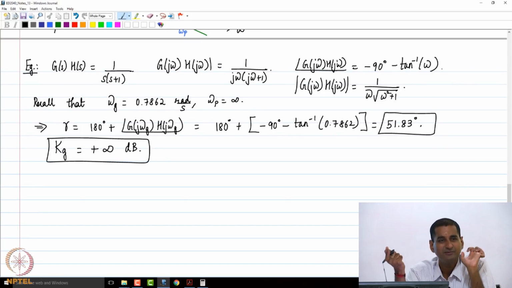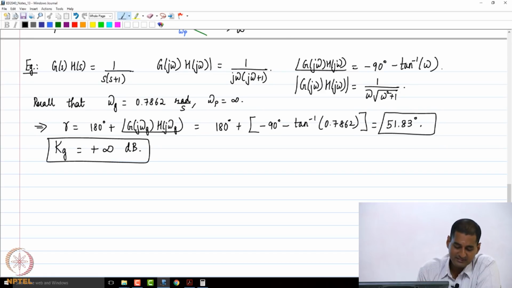That is not feasible practically. That is the point here: the phase never reaches minus 180, only asymptotically. So, that is the calculation of the gain margin and the phase margin. Is it clear?